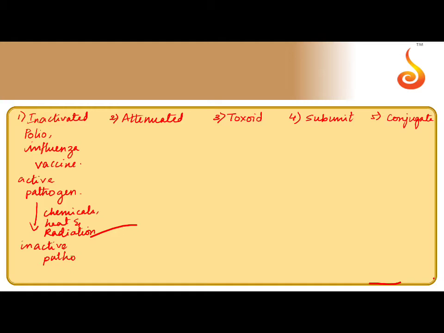The next type is the attenuated vaccine. In attenuated vaccine, we mostly have viral vaccines. For example, we have MMR vaccine, which is basically a combination of measles, mumps, and rubella vaccines.